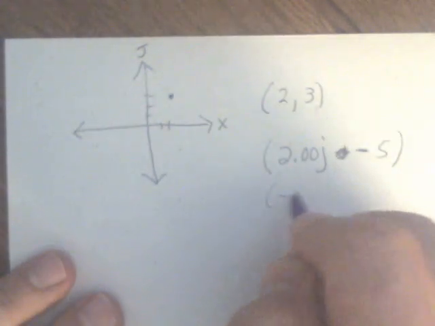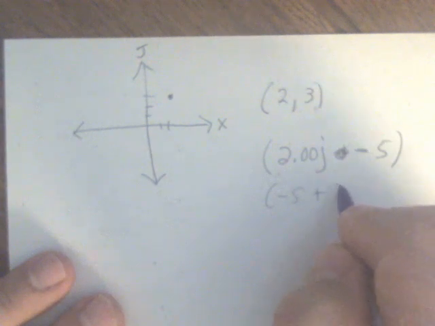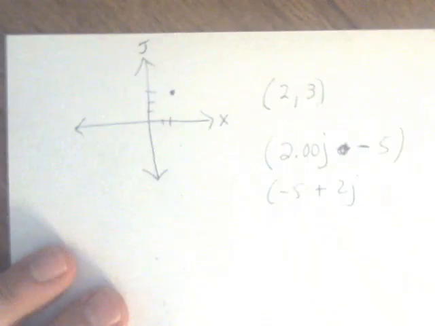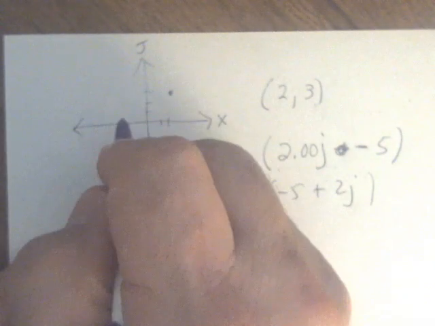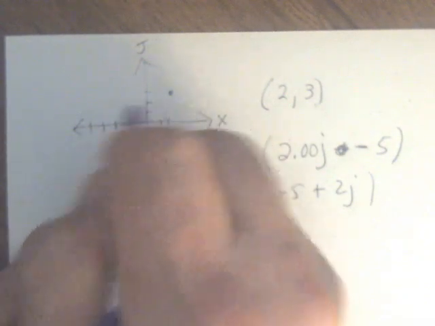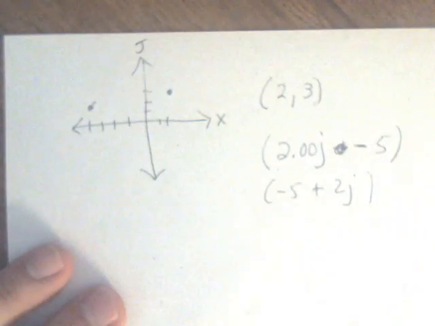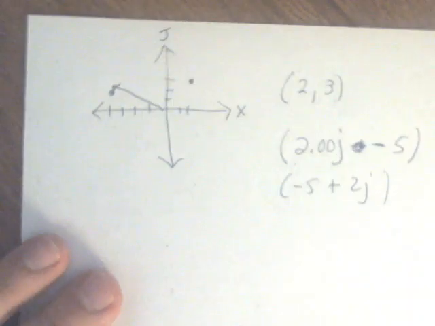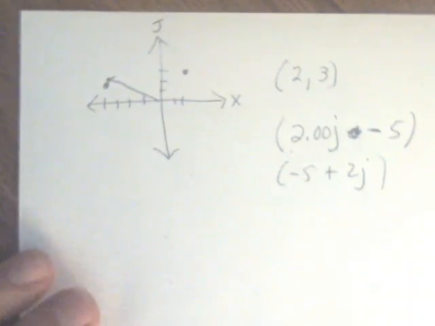Really, this is more like -5 plus 2j. So what I do is I go left 5, up 2, make a point. Okay, and eventually we draw the phasor at that point, or the vector, however you want to call it.